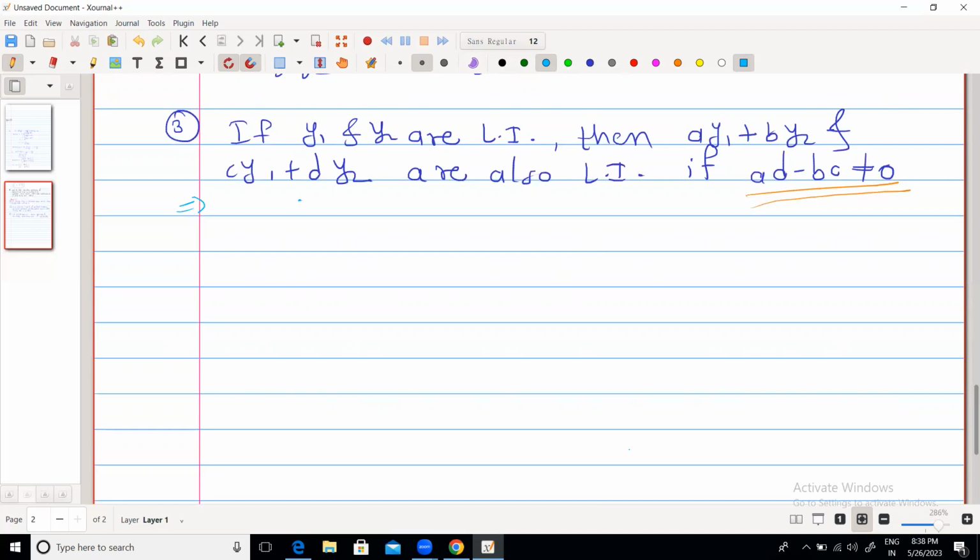Okay, so if we find out the Wronskian for these two functions, solutions ay1 plus by2 and cy1 plus dy2, is non-zero, then clearly we can say that these two solutions are also linearly independent. Okay, so find out the Wronskian. Ay1 plus by2, cy1 plus dy2.